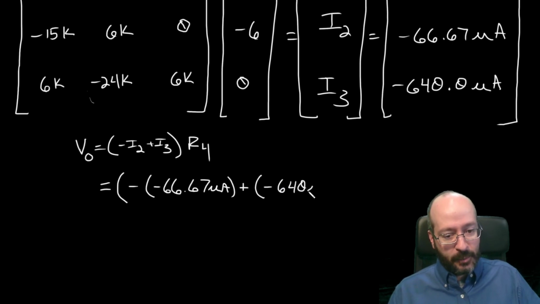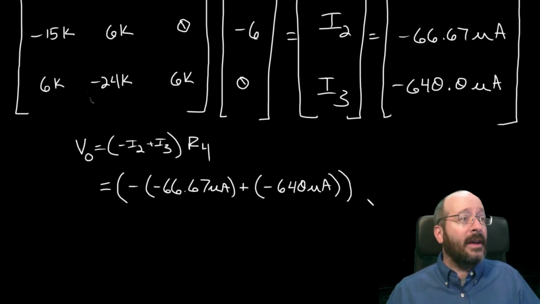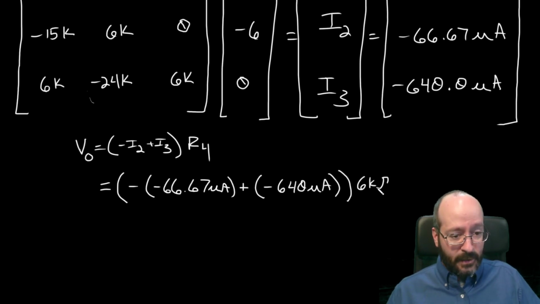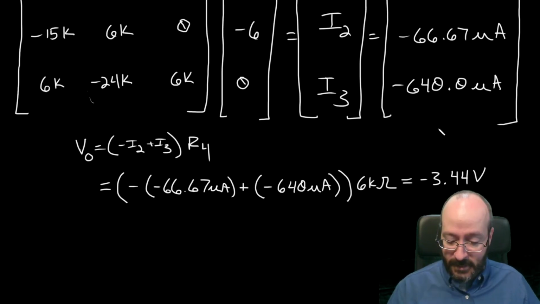I'm going to drop my decimal point. Forgive me for significant figures. Okay, so we've got to make sure we plug in those negative signs along with it. And then R4, where is R4? It's a 6 kilo ohm resistor. So if you plug that all in your calculator and you hit enter or equals or whatever you need, you get negative 3.44 volts. Okay, and there's your answer.